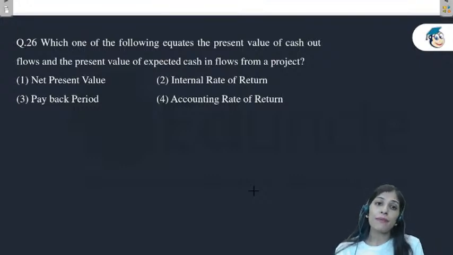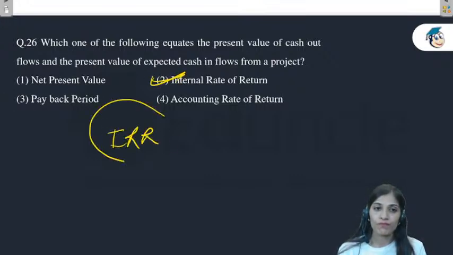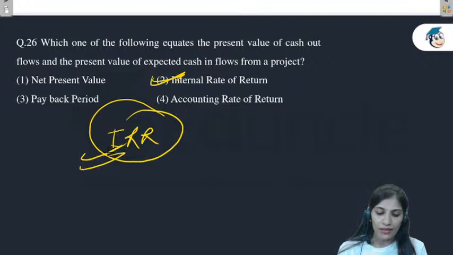Which of the following methods equates present value of cash outflow and present value of expected cash inflows from a project? Which method does this? IRR. How does it do?